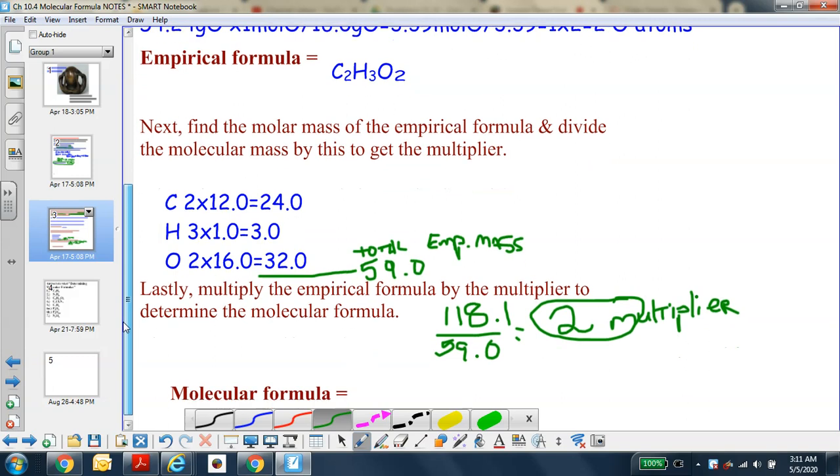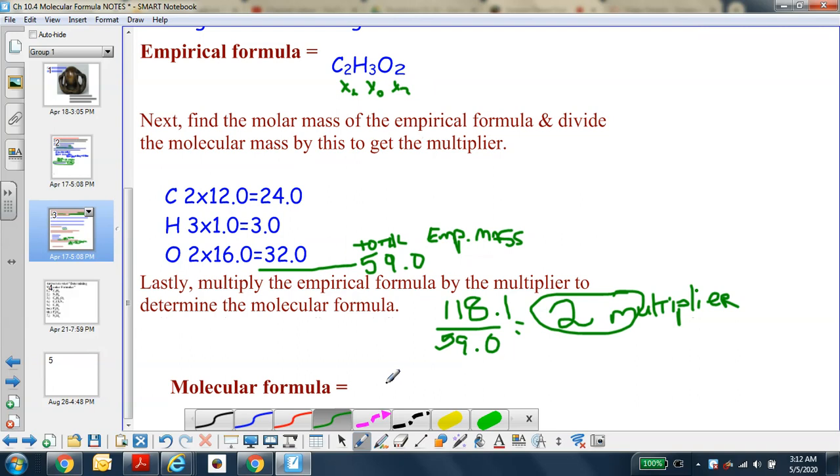Now, what do I need to do with the multiplier? I come back up here to my empirical formula and I multiply each of the subscripts by that multiplier. So these all get multiplied by 2. So times 2 times 2 times 2, and the 2 now is going to become a 4, the 3 becomes a 6, and this 2 up here becomes a 4.